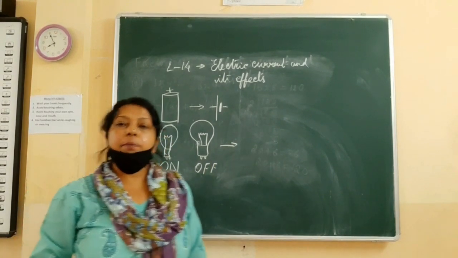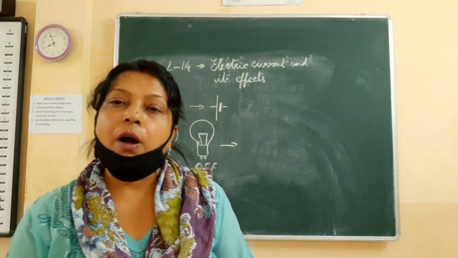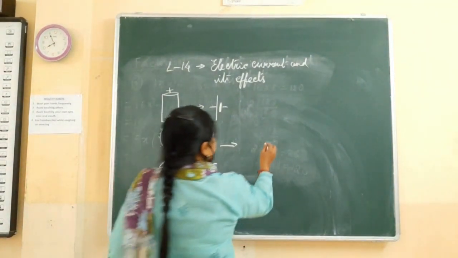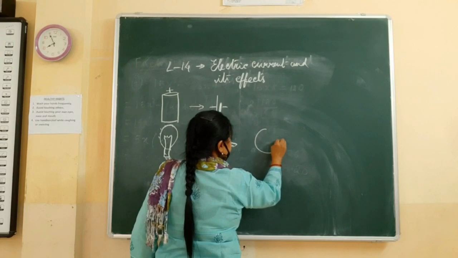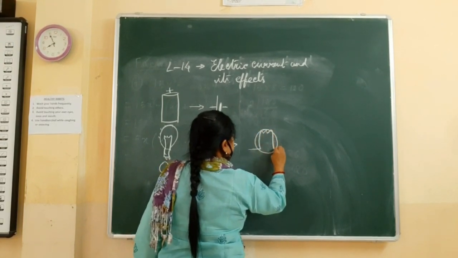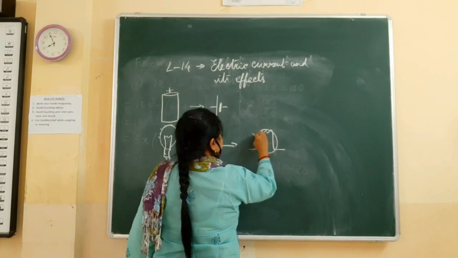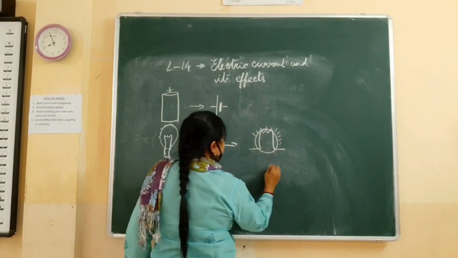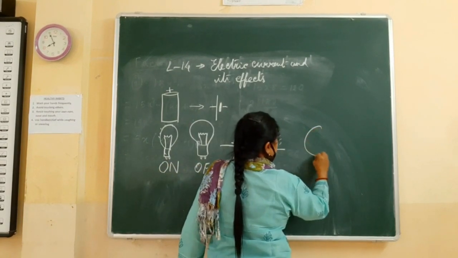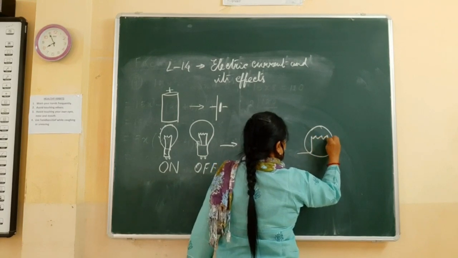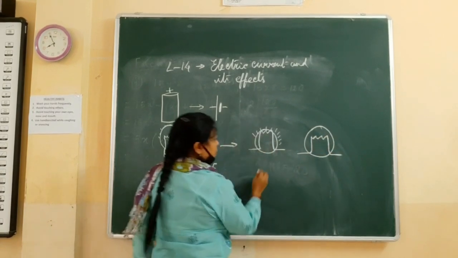Now, what type of symbols should we draw for it? We should draw it in this way. A circle, so this is for on, and a circle, this is for off.